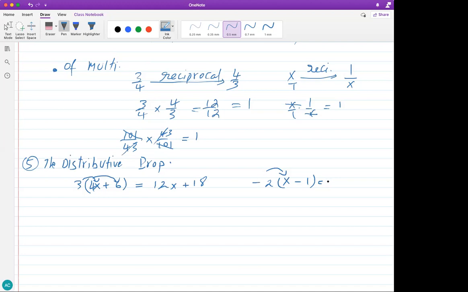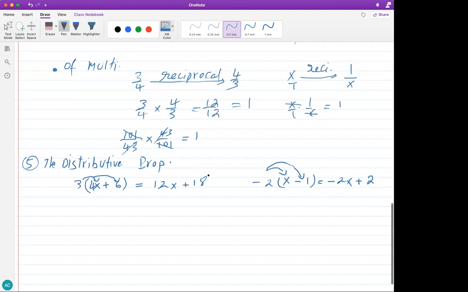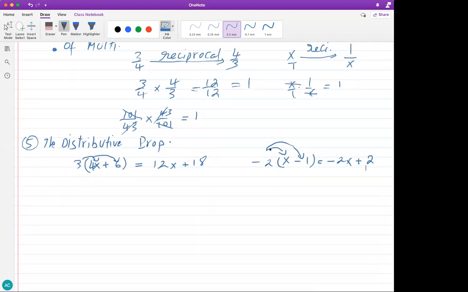Negative times positive would be -2x. And then, this one: would we slash that minus sign? No, we're just going to multiply the 2 signs. We multiply -2, then we multiply again. That would be 2, positive 2. Negative times negative, as we saw last time, is positive. So it's -2x plus 2, and that's pretty much how you distribute. You use the rules of multiplication as we learned last time.